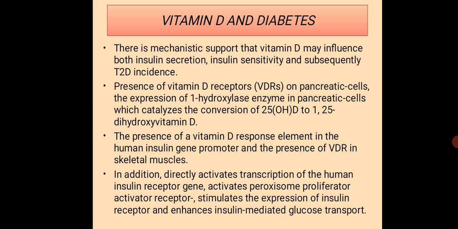In addition, it directly activates transcription of the human insulin receptor gene, activates peroxisome proliferator-activated receptor gamma (PPAR gamma), stimulates the expression of insulin receptors, and enhances insulin-mediated glucose transport in skeletal muscle, adipose tissue, and other parts of the body.